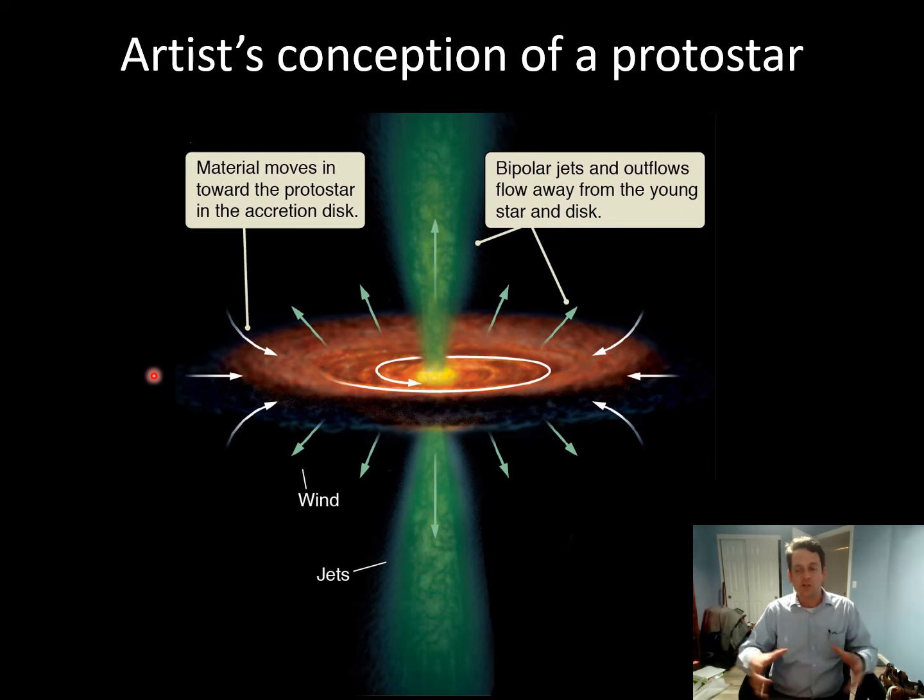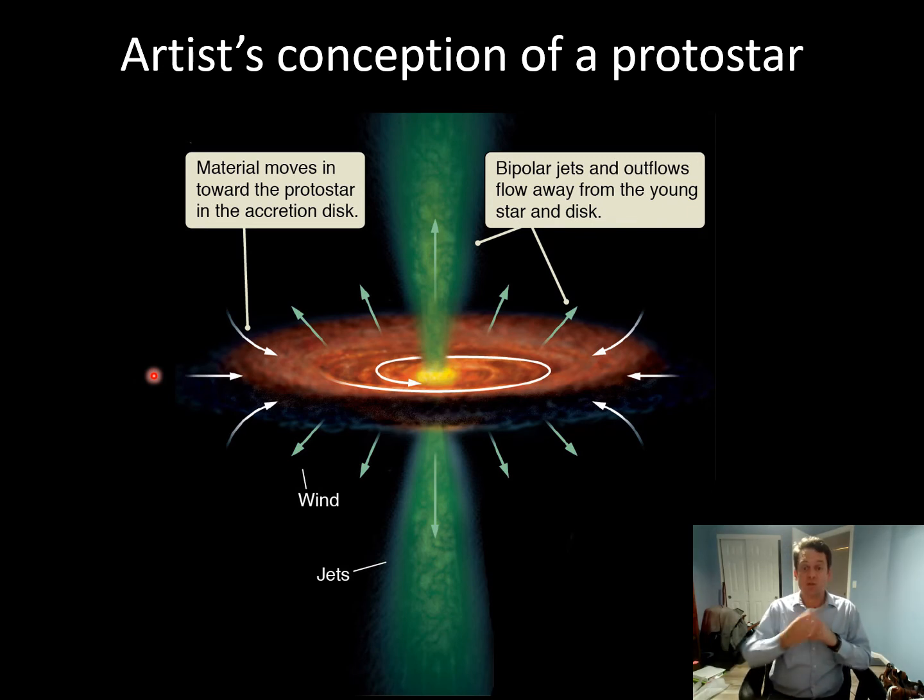To accrete just means to collect mass. And so an accretion disk is just a disk of mass that is spiraling into a central mass. We'll talk more about accretion disks in the context of black holes near the end of the semester. But right now we're here with protostars.